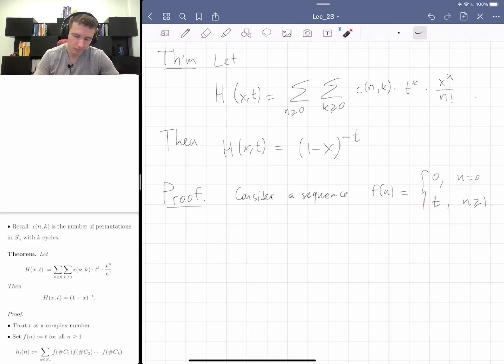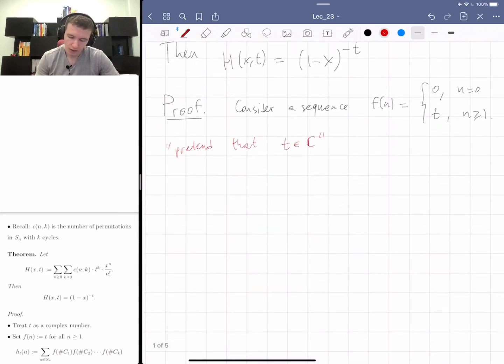So here we're going to pretend that t is not a variable, but let's say a complex or a real number. But then everything else is straightforward.